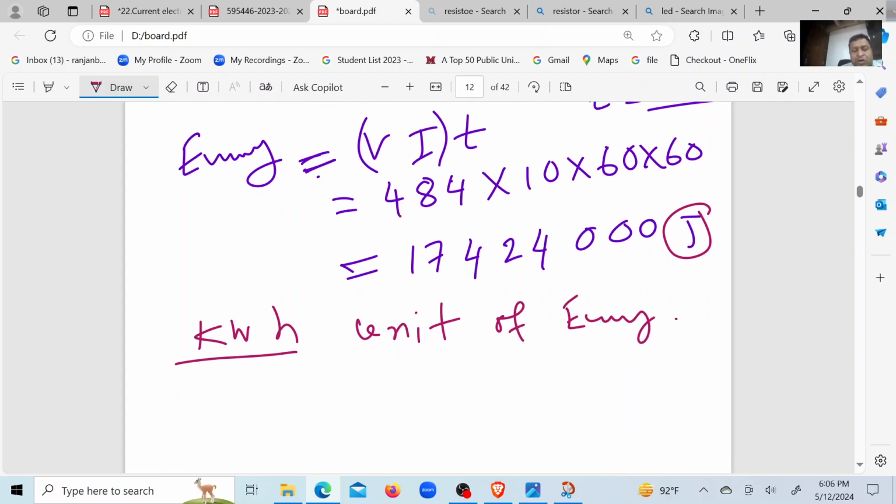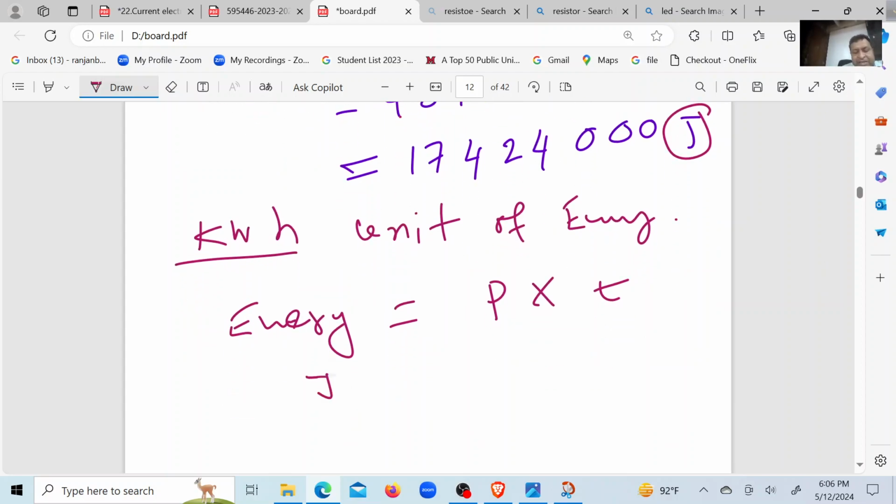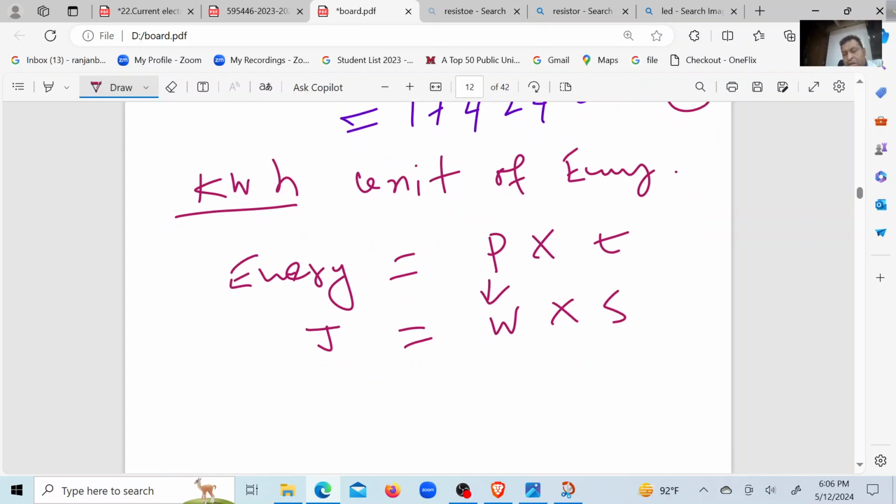So in terms of kilowatt hour, what would be the value? Look, you know, energy is equal to power into time. So when the energy unit is joule, that means it is watt into second. So joule is also a product of power and time with units watt and second.